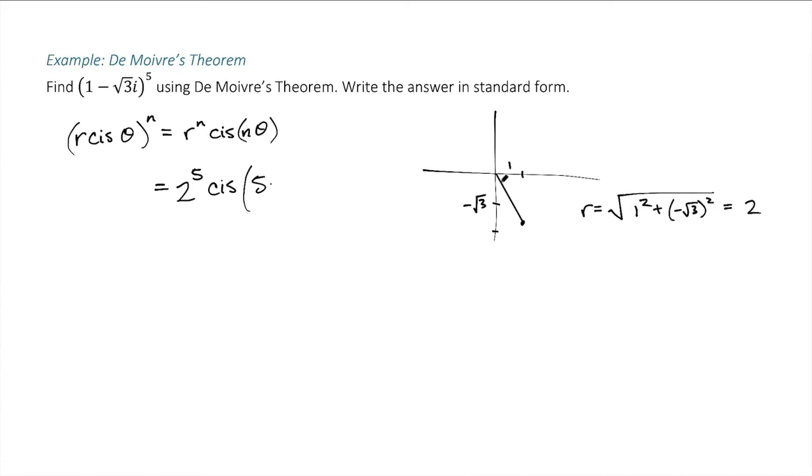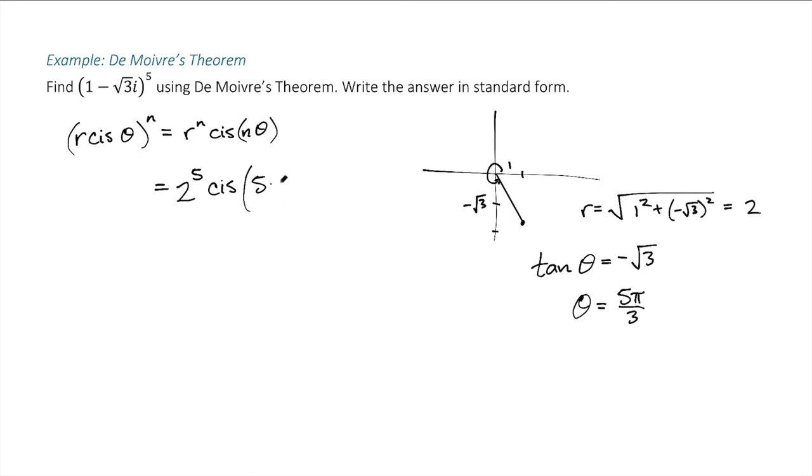We need our angle here, and our angle shouldn't be too difficult to see. Here we have an angle where the tangent of the angle theta is negative root 3, and we see it's in the fourth quadrant, and so our angle theta then is 5 pi over 3.